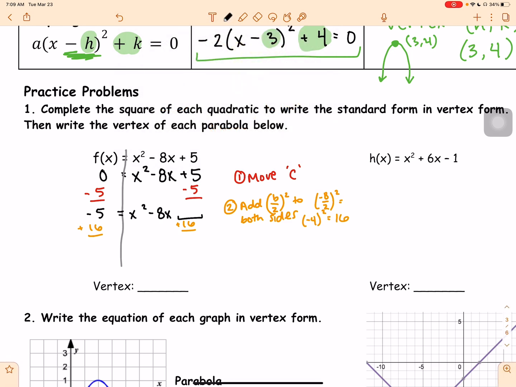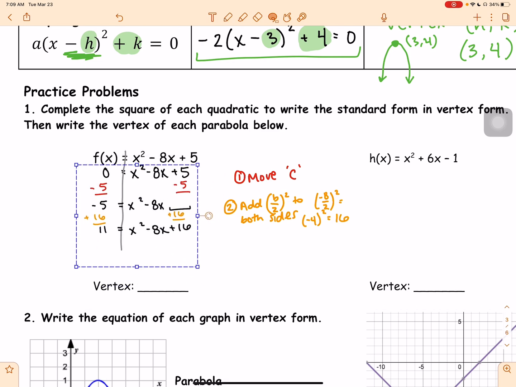Okay, so I'm going to add 16 to both sides. Alright, so now -5 plus 16 is going to be 11. X squared minus 8x plus 16. Now we're going to do 2 steps here, just because I'm almost out of room. I'll make it a little bit smaller. Okay, so we'll do 1 step, just kidding.